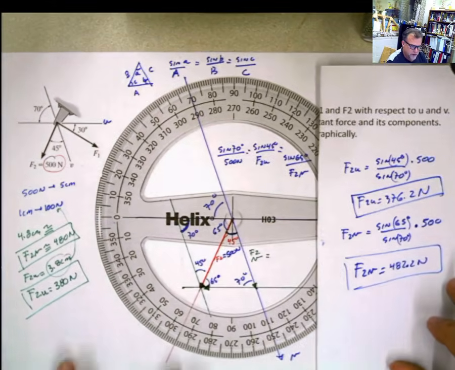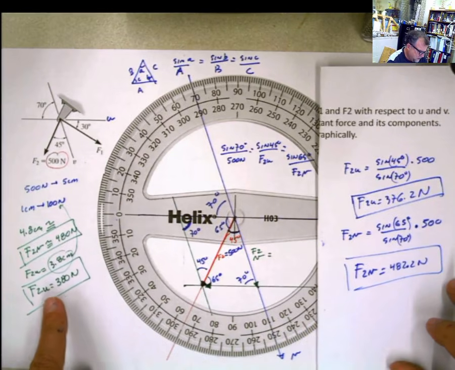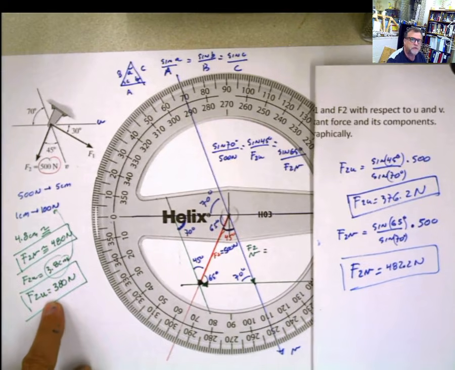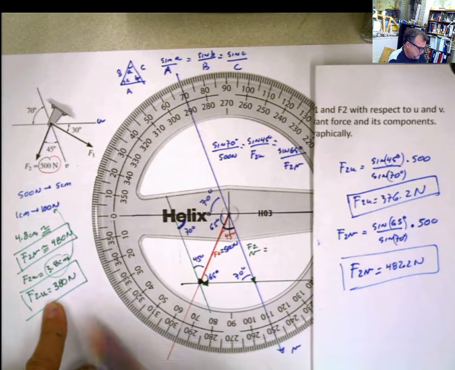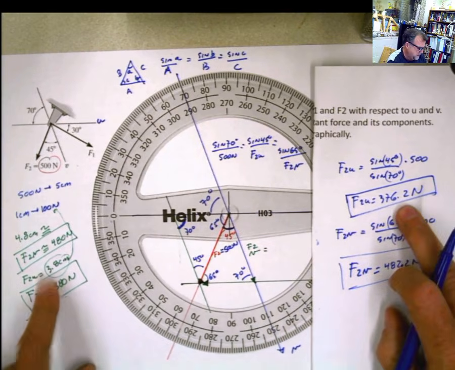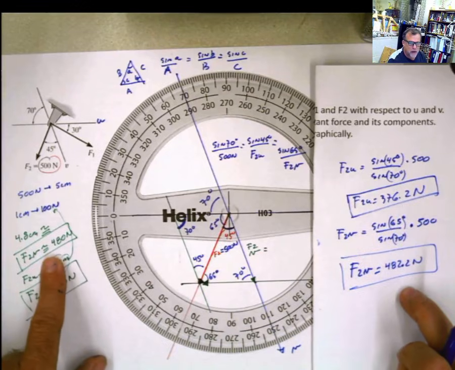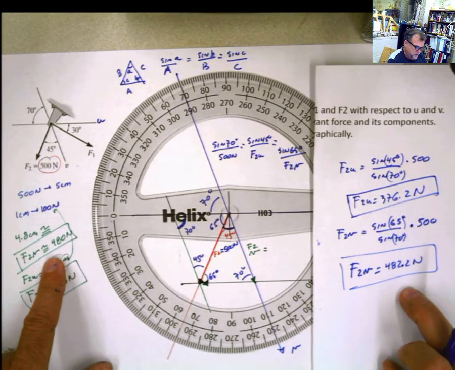Now compare the values that we got before. We got graphically, of course we have errors in the measurement, that's normal, right? So 380, 376, and F2V 480 versus 482. I think that's pretty awesome. Those results are really good results.